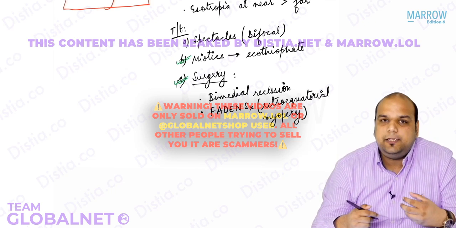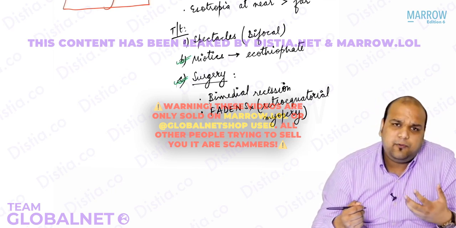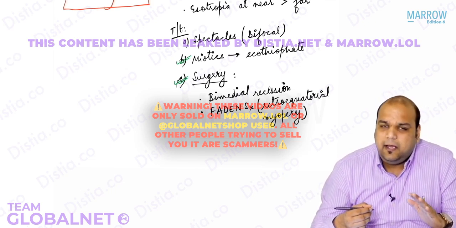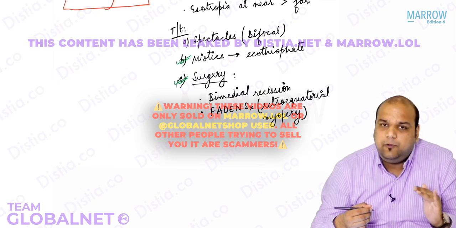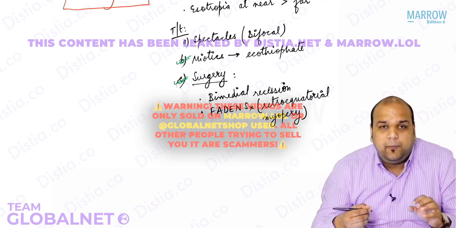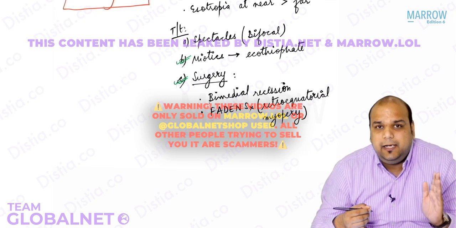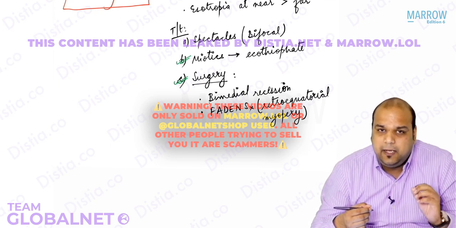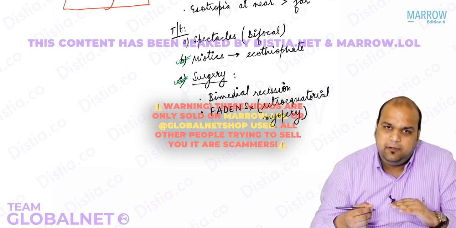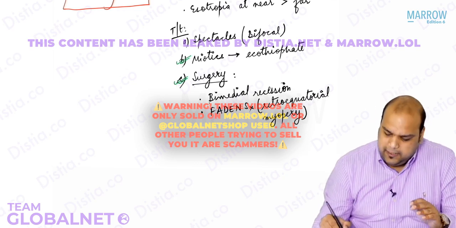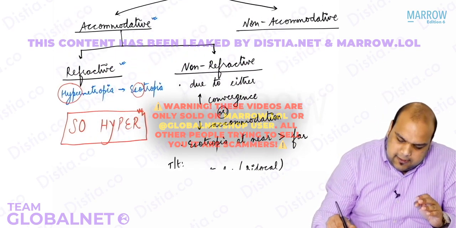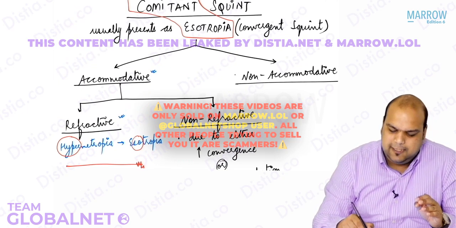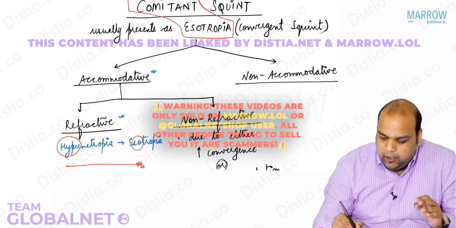These are the 2 points usually used as MCQ simple straightforward questions. Okay. Accommodative squint of 2 types, refractive, non-refractive. The more common, the more important being refractive, which I have explained to you in detail. Esotropia associated with hypermetropia. So hyper. Non-refractive, not that important. Now let's move on to the second group of esotropia that we have said, non-accommodative.